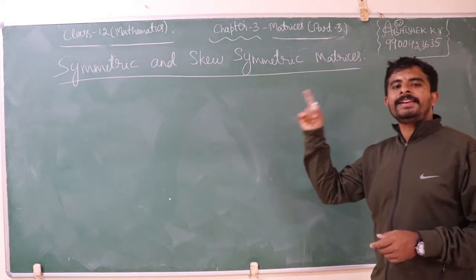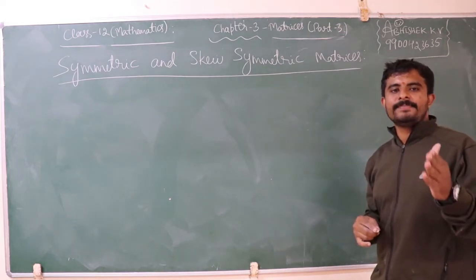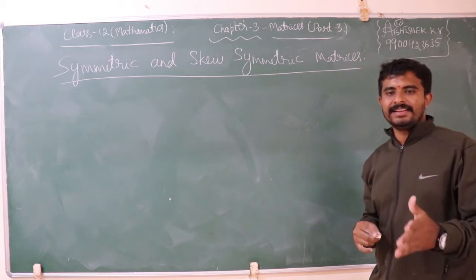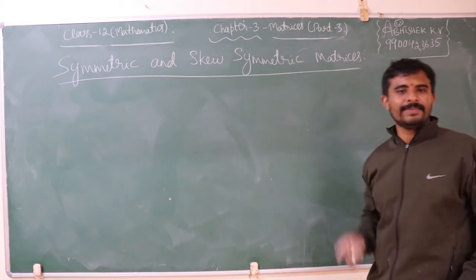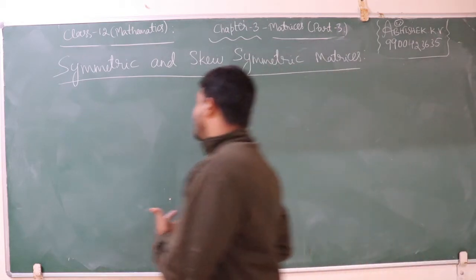The definition of symmetric and skew symmetric matrix is based on the transpose of a matrix. That is, transpose of a matrix is the main basic tool to define symmetric and skew symmetric matrix. What is the definition?